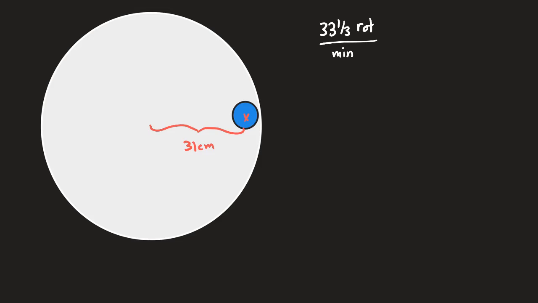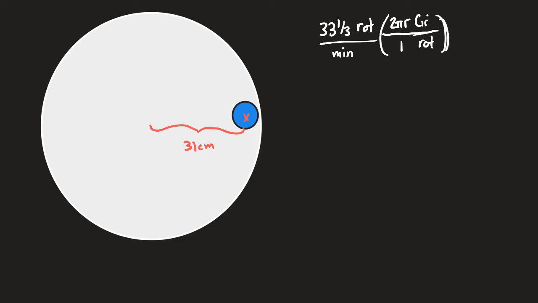What would we call that? A circumference, that's right. So we could replace rotation with circumference. So for every one rotation, we get 2 pi r circumferences.